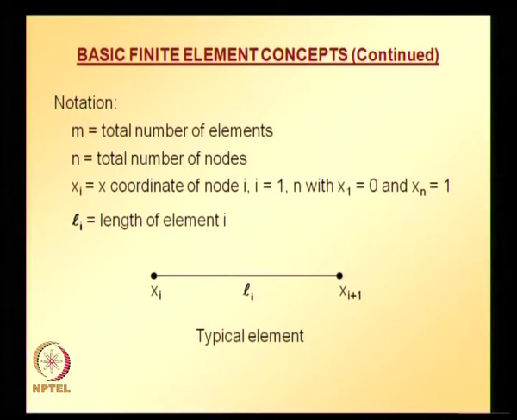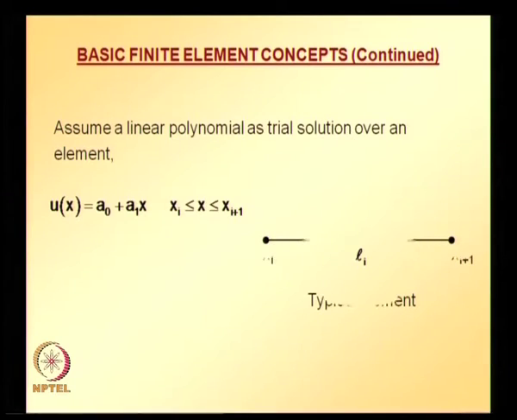What we will do is assume a linear polynomial as a trial solution over this typical element. The trial solution can be written as u equal to a naught plus a1 x, and the domain of this element is going from xi to xi plus 1.